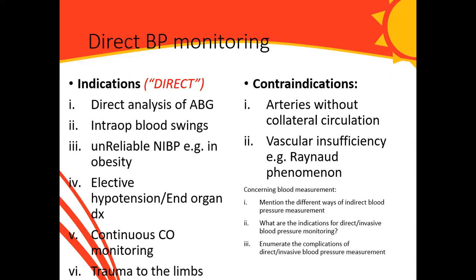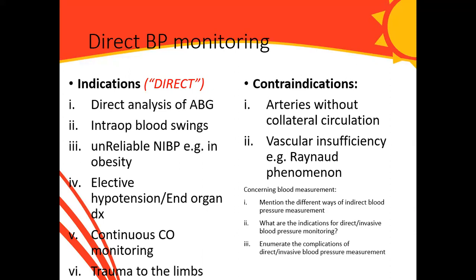And sometimes when you have crush injuries to the limbs, and it's impossible for you to just put a cuff around it, or you do not want arterial insufficiency at any point where you are doing your inflation. So these are some of the indications for direct blood pressure monitoring.